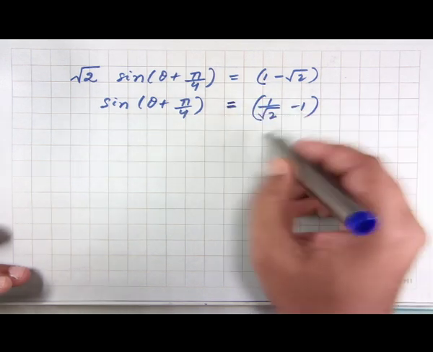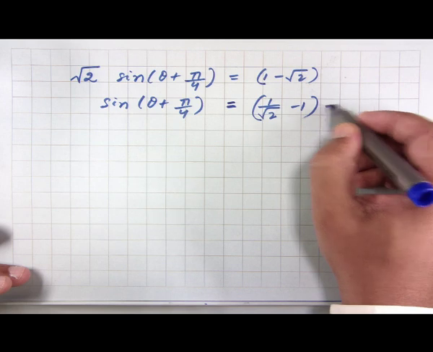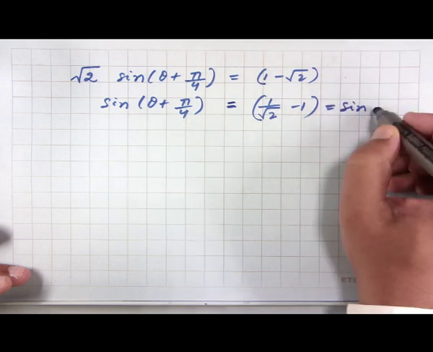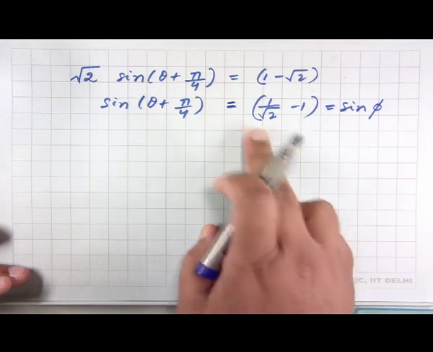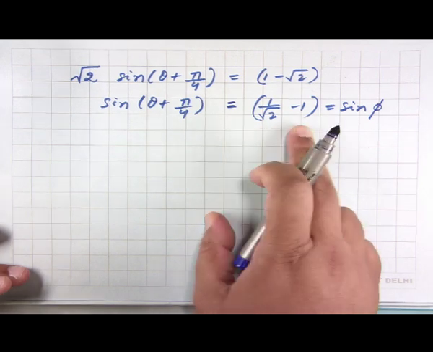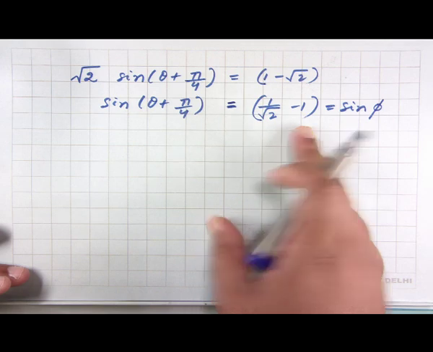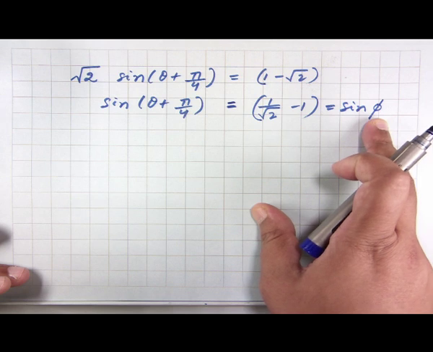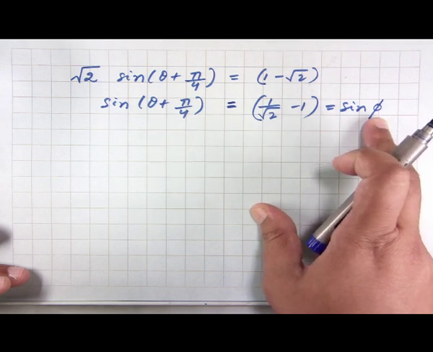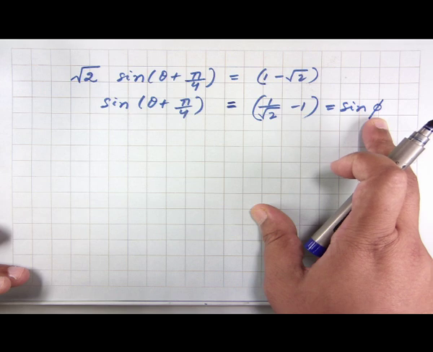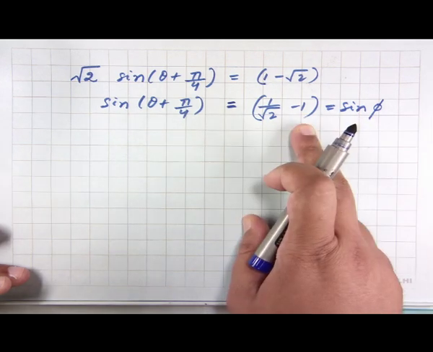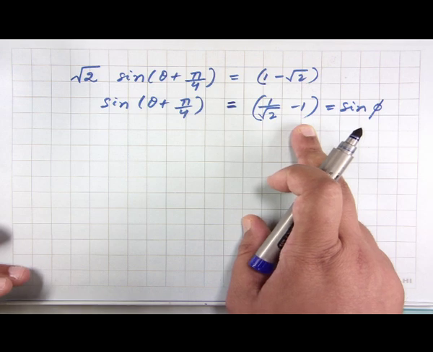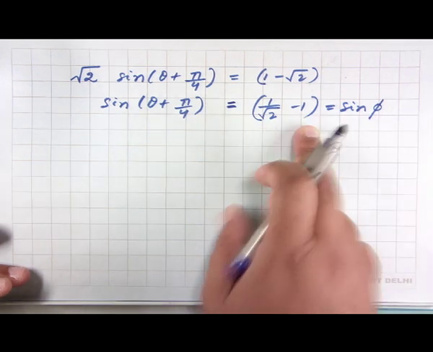And let this be equal to sine of some angle phi, because this value is between minus 1 and plus 1. So, we can always find a value for this angle phi between 0 and 2 pi, such that sine of phi is equal to this value. So, let phi be that value.